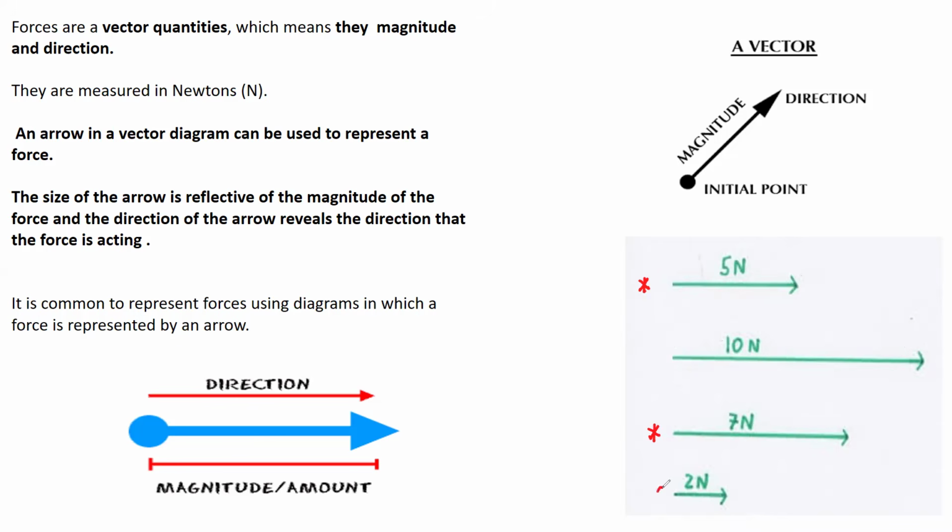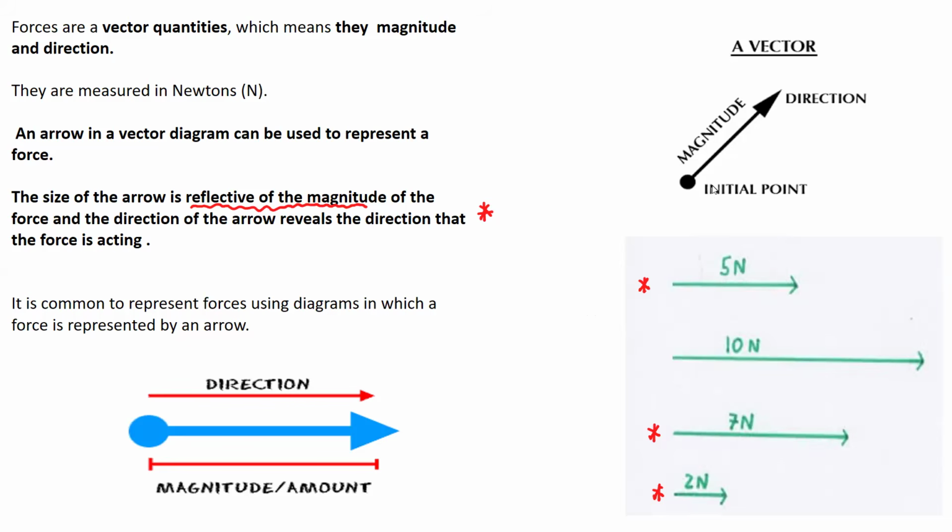The 2 Newton is the shortest of them all. Hence, my notes say the size of the arrow is reflective of the magnitude of the force. So if the arrow is longer, then it means the force is greater.